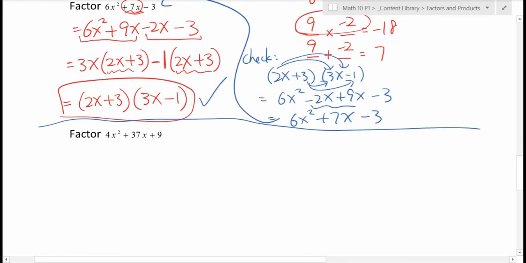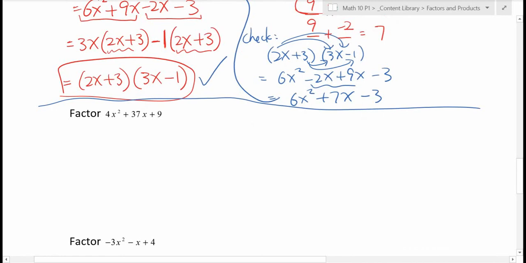But I don't want to show you too many methods right now to confuse you. I think it's good to have one method, master that, and then if you're interested in other methods, I can definitely show you. Okay, I'll show you another example before I let you try the third one.